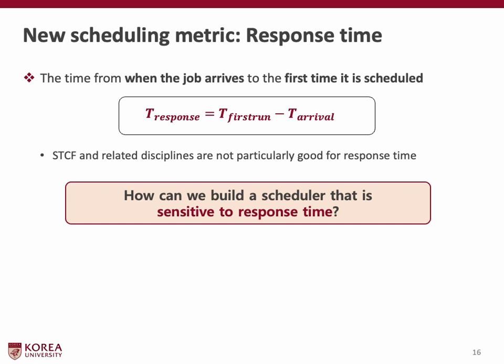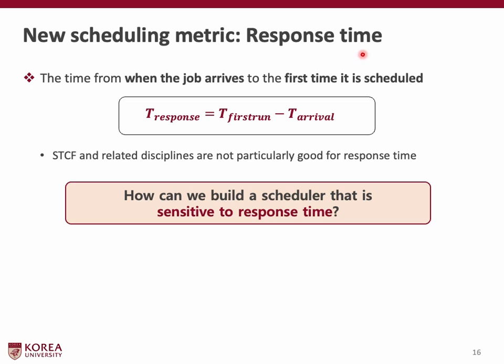So far, we've talked about turnaround time, which means how long it takes for a job to complete after it arrives. But in many systems, especially interactive ones, users care more about how quickly the system responds. That leads us to a new metric, which is response time.